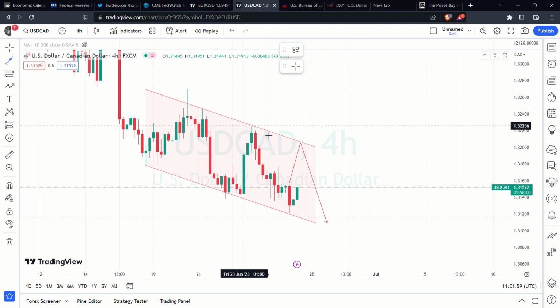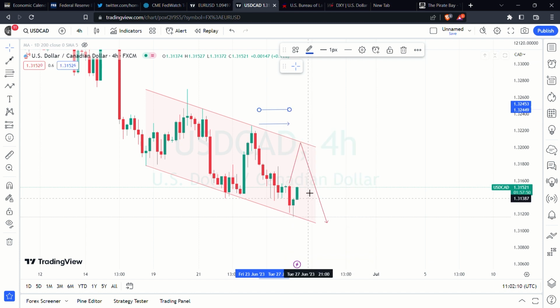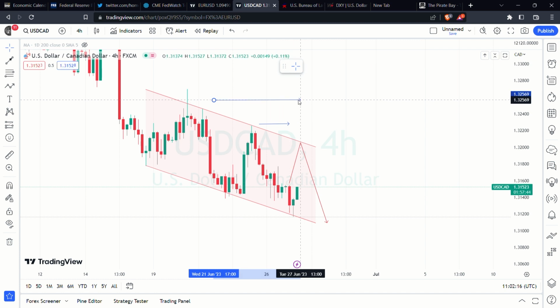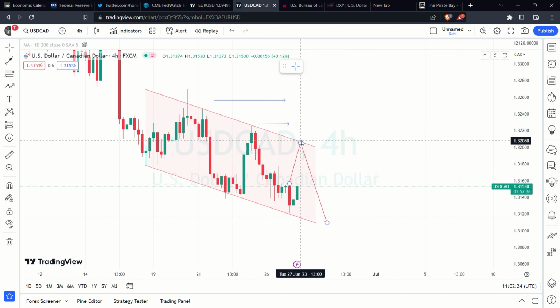Let's do this one. This is one level to watch, and then this is another level to watch. Of course, even this other one, just put it here. So yeah, those are the two levels you should be watching in case price breaks out over here.